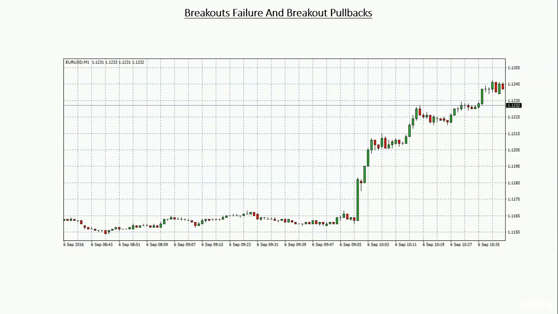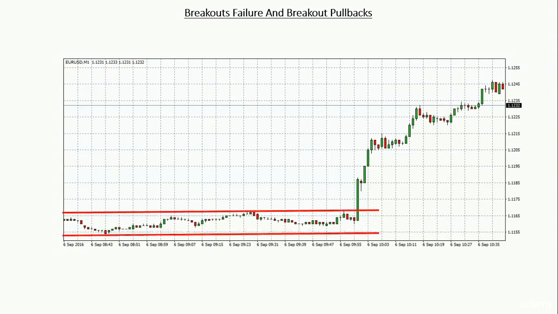This chart shows an example of a bull breakout where the price breaks through this trading range to the upside, and the breaking point is just here at the resistance line of the trading range.